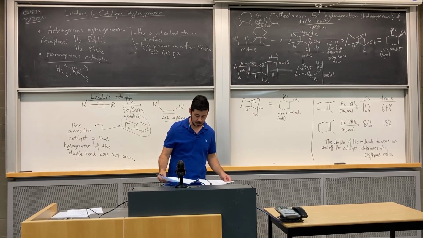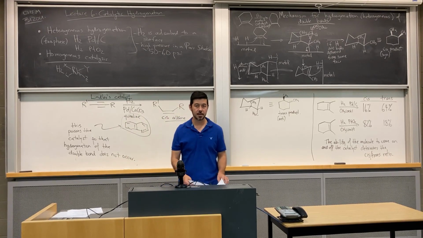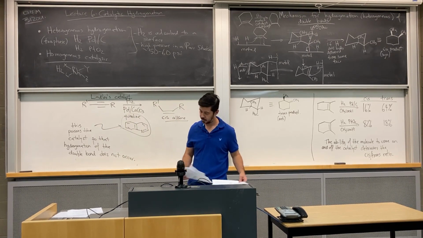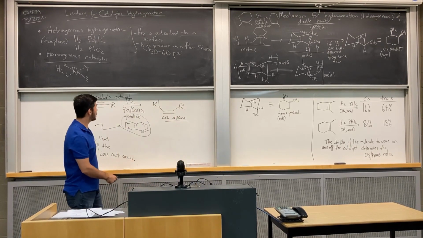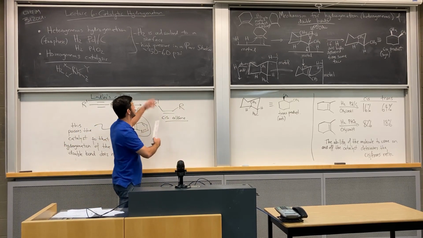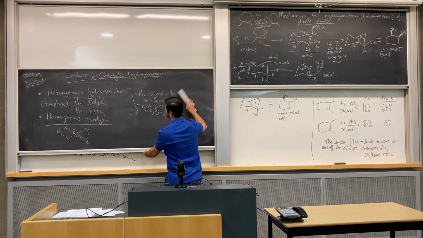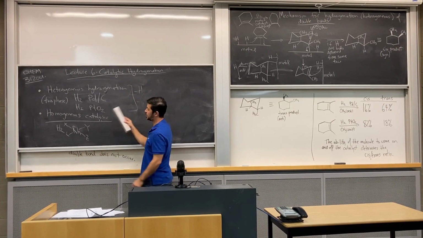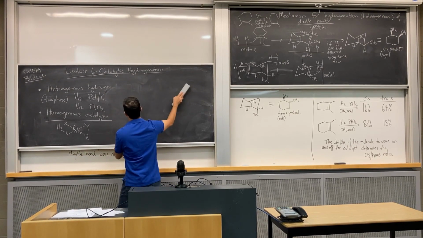Okay, so these are all examples of heterogeneous catalysis. And what I'd like to do is just spend a few minutes talking about homogeneous catalysis. Heterogeneous, homogeneous. Homogeneous is going to involve rhodium.